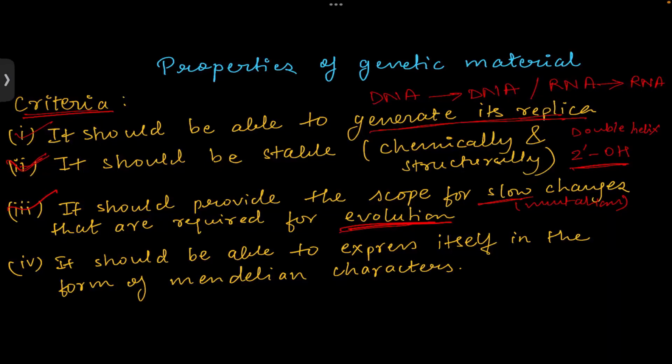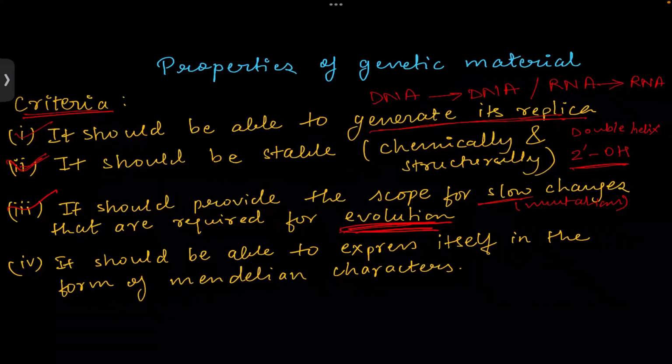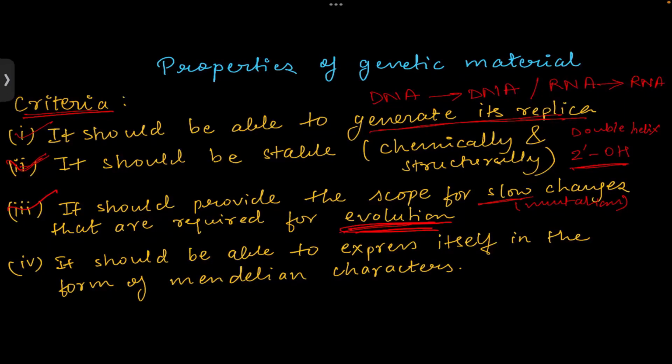Then it takes thousands of years for that mutation or a group of mutations to give rise to a new species of human altogether. That is what we'll talk about in the next chapter, evolution: how new species are formed, what is natural selection, etc. So this point is clear.